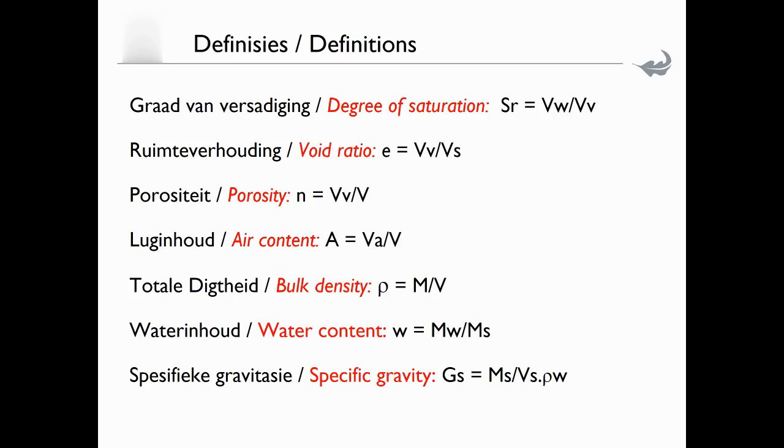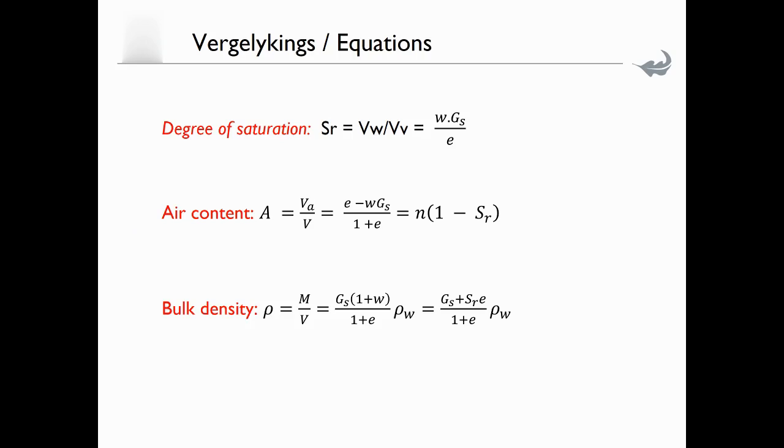So if we play around with these formulas, we will come to other definitions. The degree of saturation, which is the volume of the water over the volume of the voids, can also be described as the water content times the specific gravity divided by e, the void ratio.